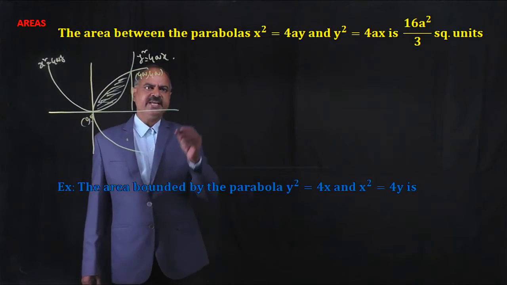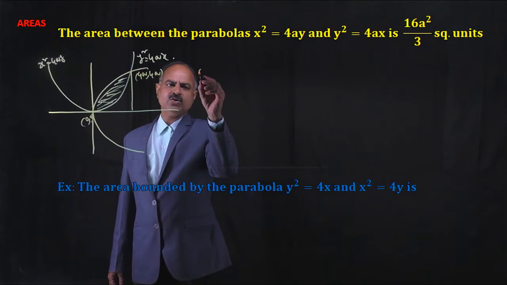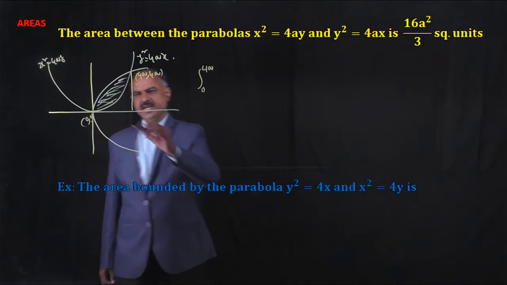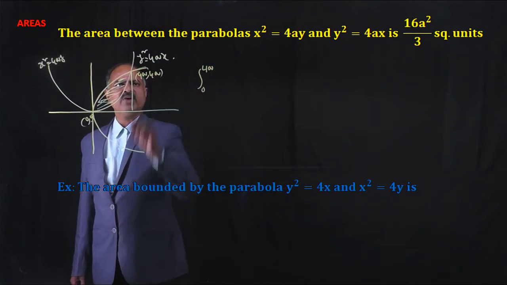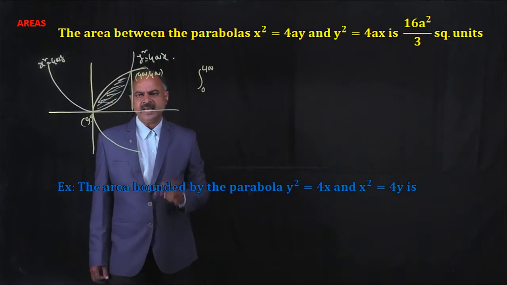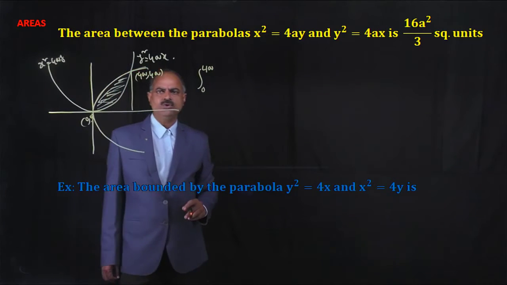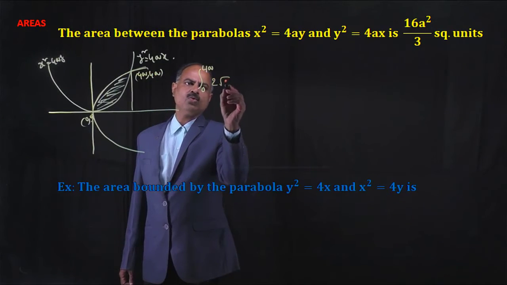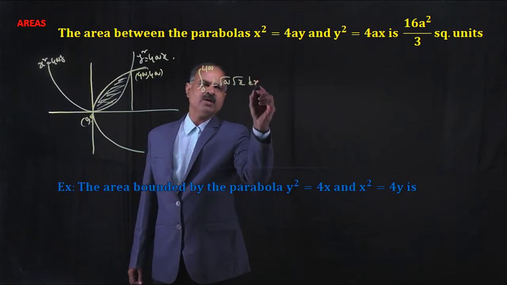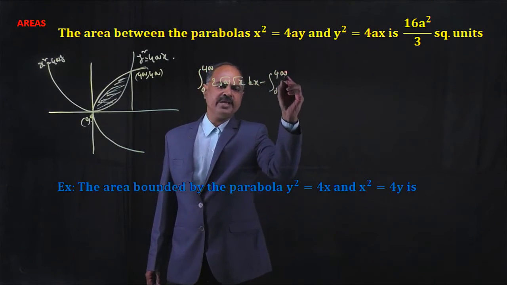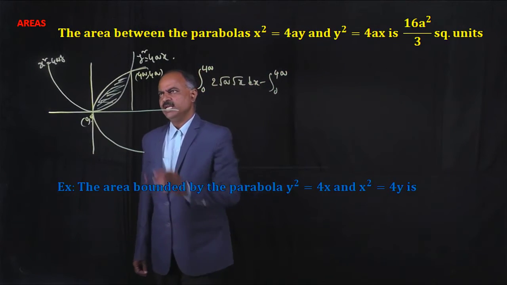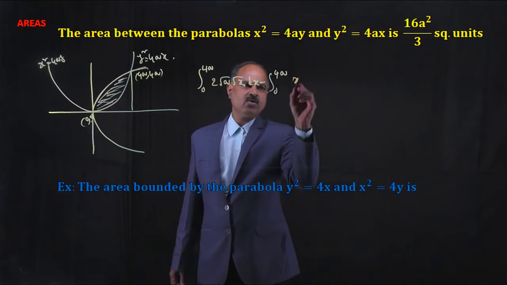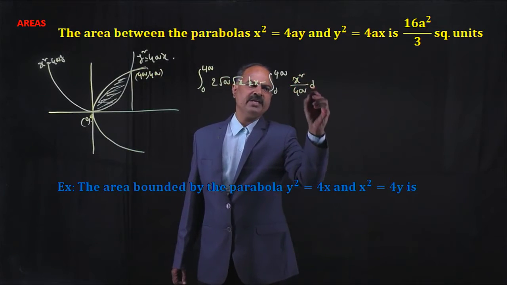So the required area is the integral from 0 to 4a of the area under the parabola y square equal to 4ax, that is 2 root a into root x dx, minus the integral from 0 to 4a of the area under the parabola x square equal to 4ay, that is y equal to x square by 4a dx.